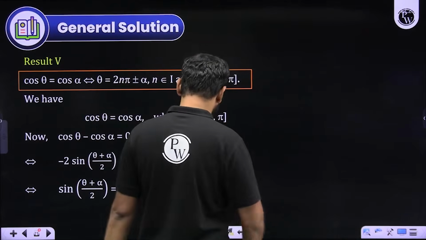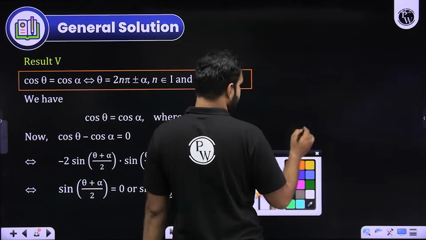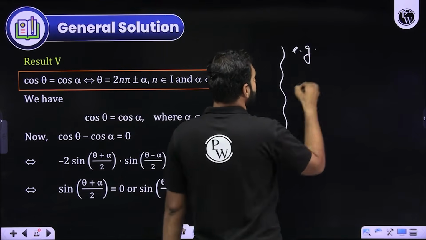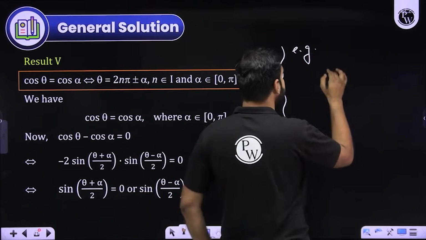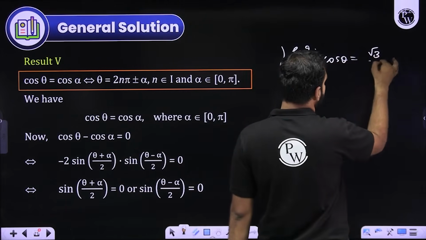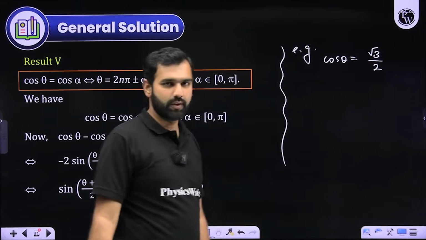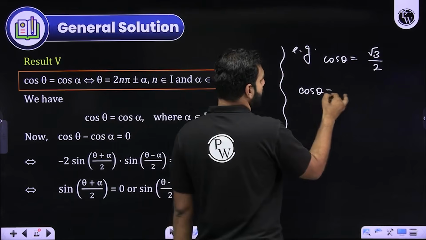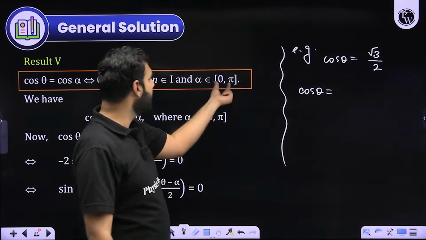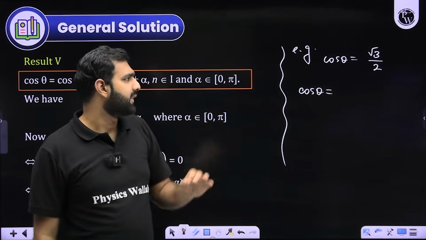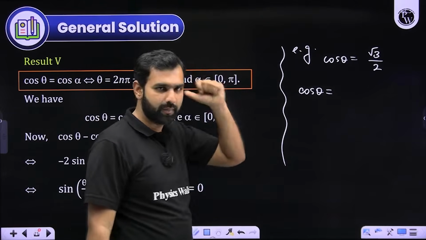What do I mean by that? Let's say there is a question given to me, I'll take an example. Let's say I'm given that cos theta is equal to, let's say, root 3 by 2. And you are asked to write the general solution. Now, if cos theta is root 3 by 2, can you give me an angle between 0 and pi where cos is root 3 by 2? I hope you understand that at 30 degrees, we see it as root 3 by 2. 30 degrees means what?